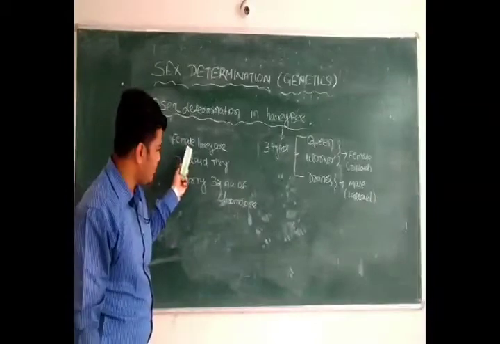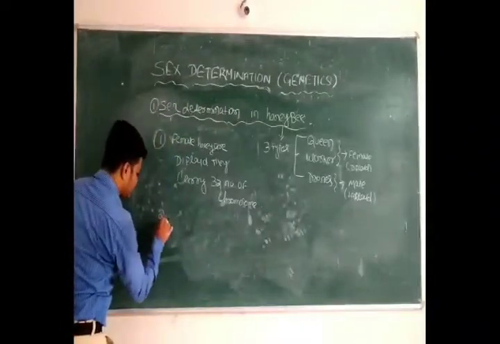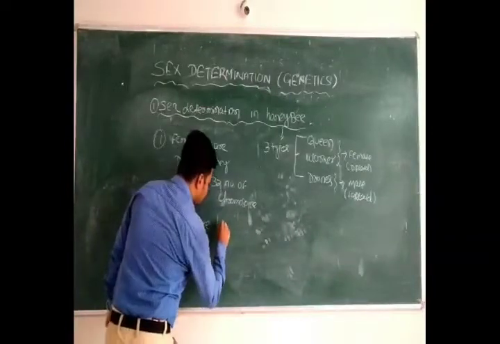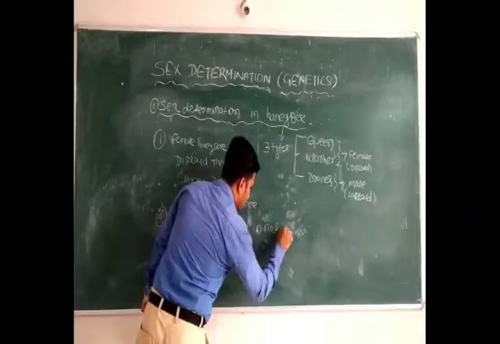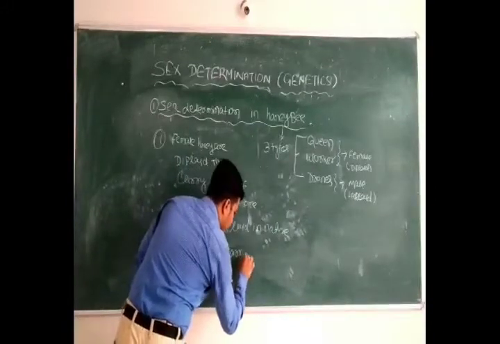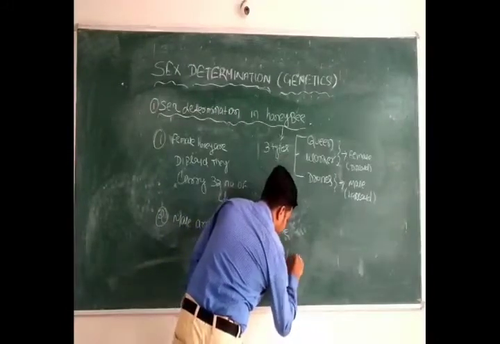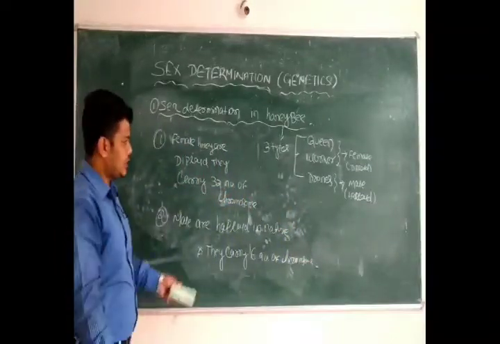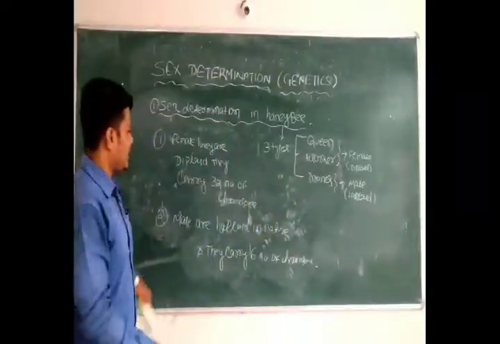Due to the female being diploid, they can carry 32 chromosomes, while the male are haploid in nature and they can carry 16 chromosomes.